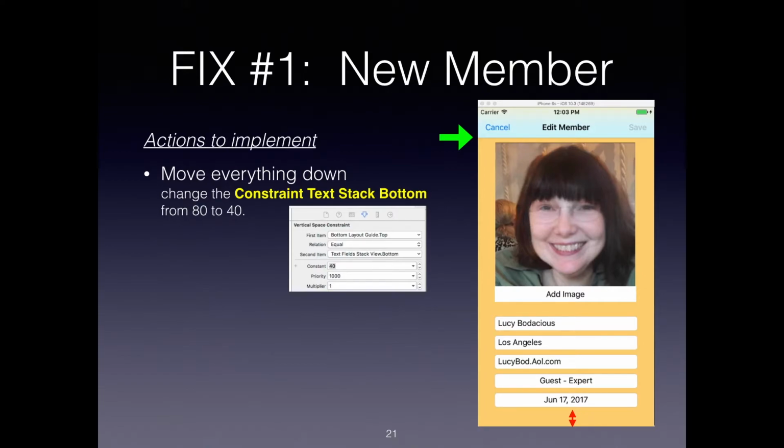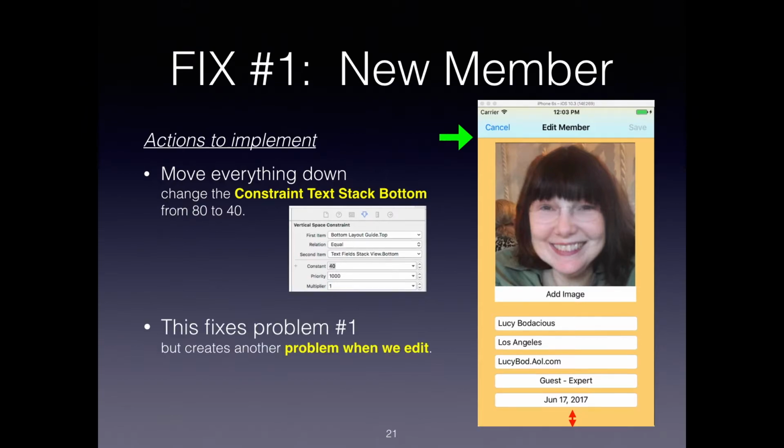Okay, so how do we do that? Well, we simply move everything down. We do that by changing the constant text stack bottom. That's a constraint. Many of you may not realize that constraints, which control how things are laid out in a view, can be, you can get an outlet to a constraint, and then you can control it programmatically.